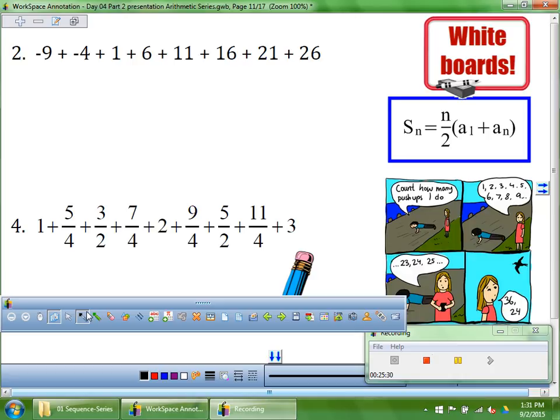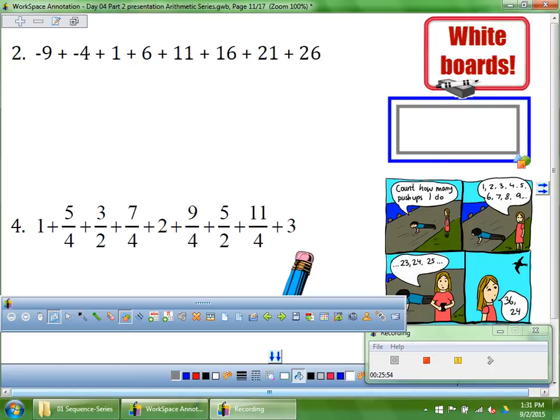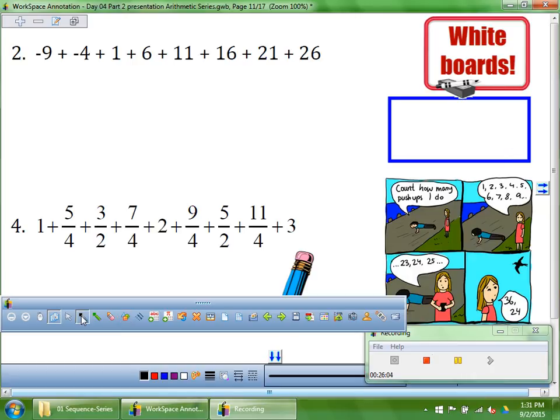So in order to add them all up, we're going to use our formula: our first term plus our last term n number of times divided by 2.